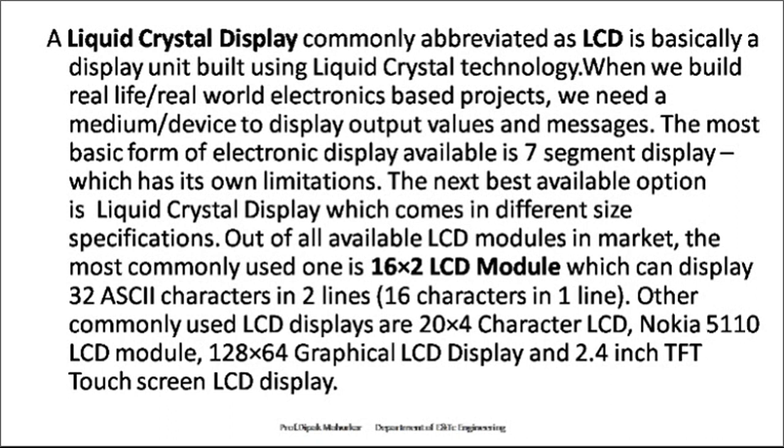The next best option is the liquid crystal display, which comes in different size specifications. Out of all available LCD modules in the market, the most commonly used one is the 16 by 2 LCD module, which can display 32 ASCII characters in 2 lines, 16 characters in one line.